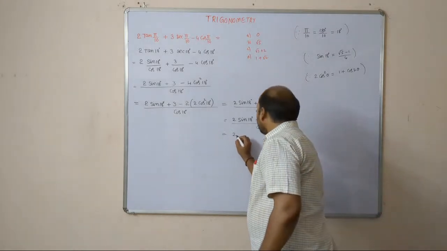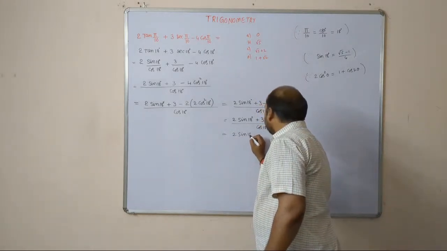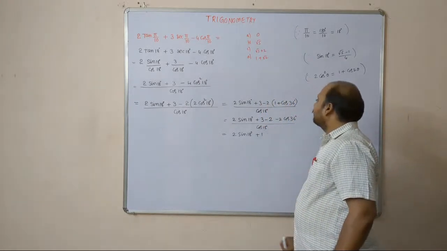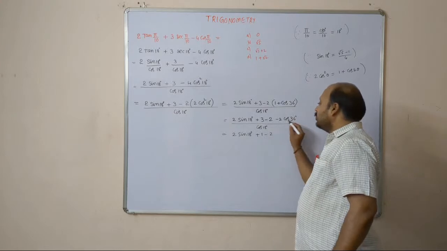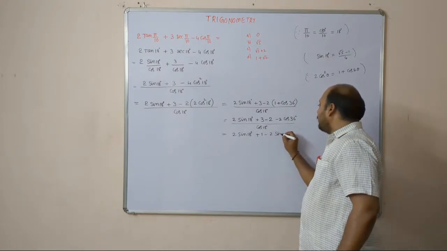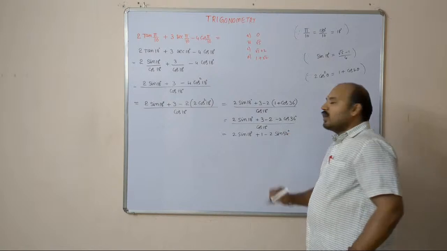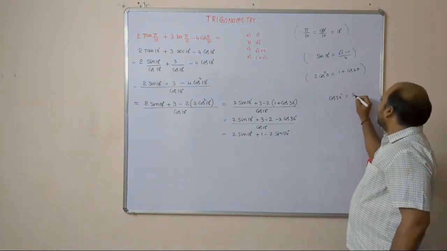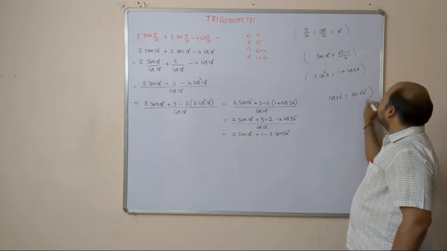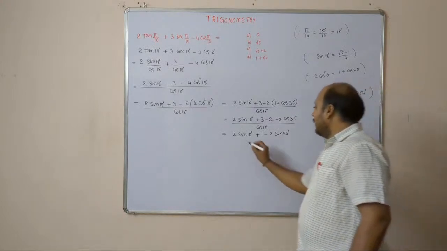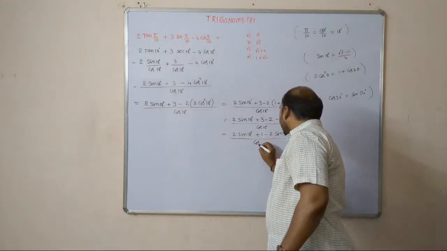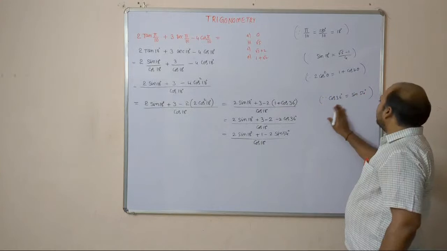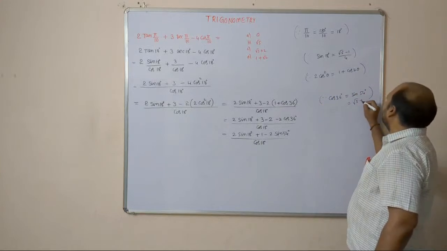So it is equal to 2 into sine 18 degrees, 3 minus 2 is 1, minus 2 into cos 36. Cos 36 is equal to sine 54 degrees, dear students, divided by cos 18 degrees.